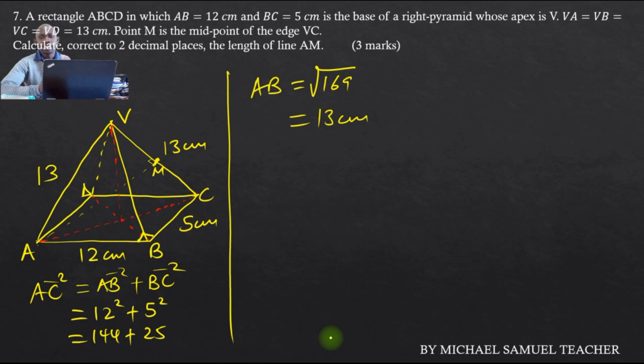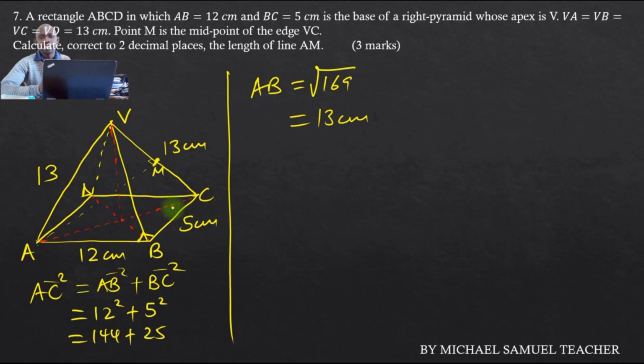Again, now we can see AV, and also AC, and then VC is 13.